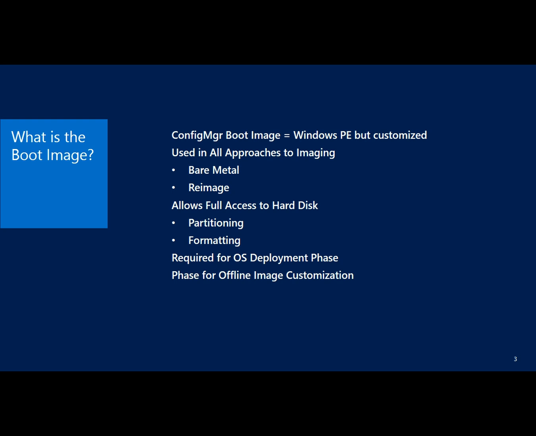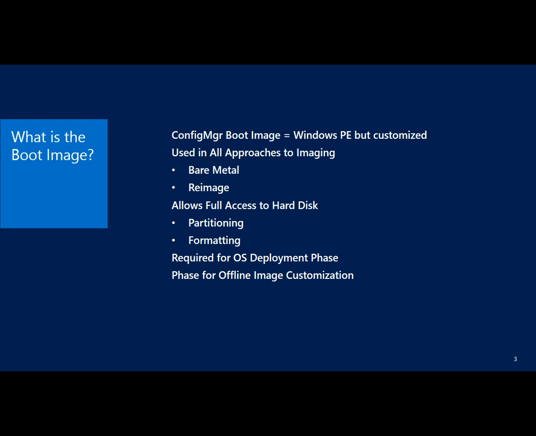In a re-image scenario, the very first part there might be to do some work in the existing OS, capture user state, whatever, but then immediately we reboot into Windows PE, because in Windows PE we have an OS running in RAM. We're not relying on the hard disk. The hard disk is not locked.